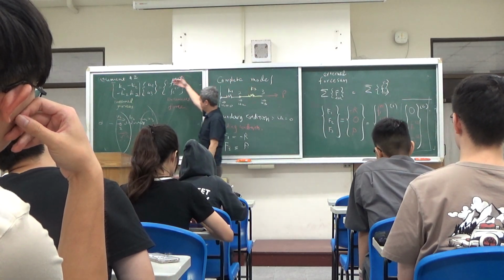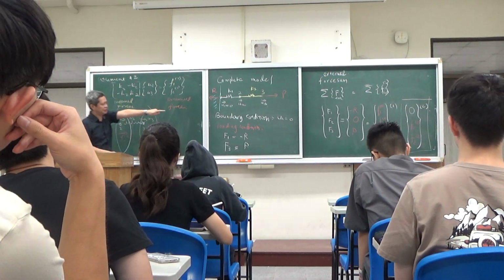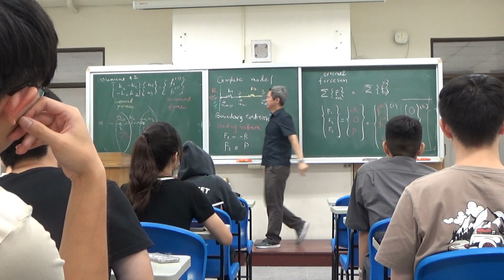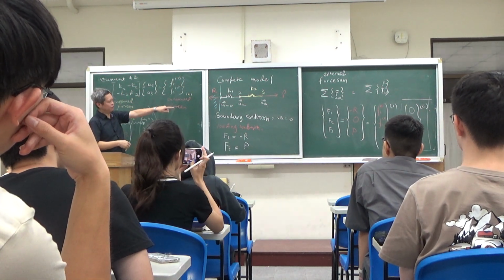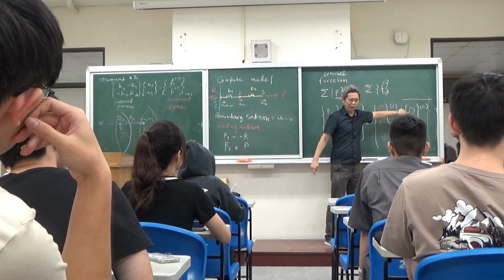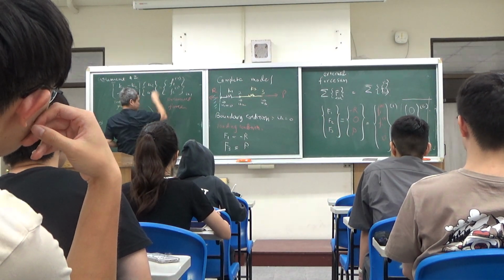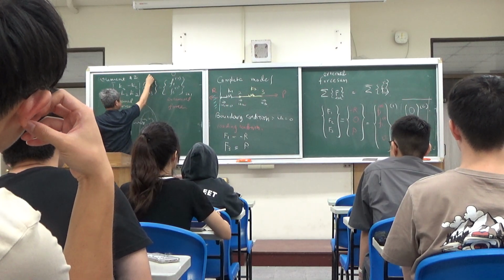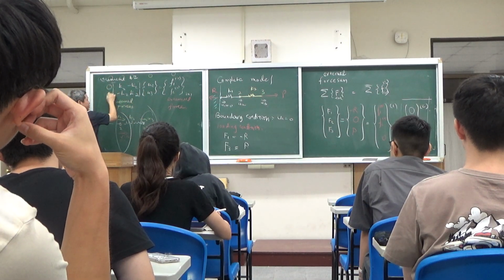If you are not sure what it is, we can rewrite this equation. This is a 2 by 1 vector. How to make it a 3 by 1 vector? You need to add a row of 0. If you extend them, we can write them as 0 row, 0 displacement, and the stiffness here all together is 0.